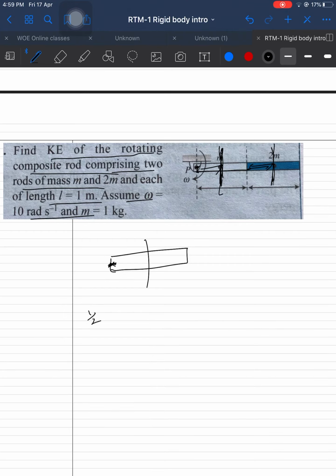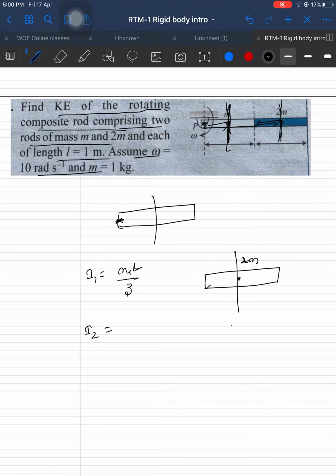I of the second rod, which is 2m, we calculate using the moment of inertia about the center, 2m L square by 12, plus the distance from point P to the center, L plus L by 2, which is 3L by 2. By the parallel axis theorem, it is 2m L square by 12 plus 2m into 3L by 2 whole square. It is equal to m L square by 6 plus 9 m L square by 4.